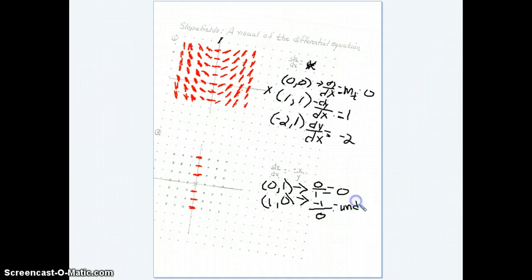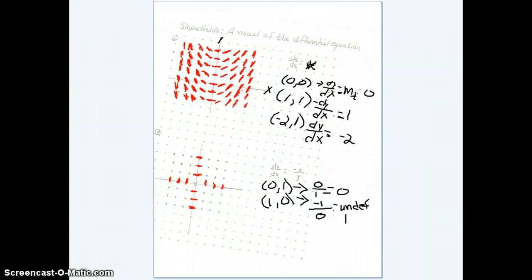And what kind of line gives me an undefined slope? A vertical line. So all along this x-axis where the y-coordinate is 0, I'm going to get a little vertical line there. Here, here, here, here, here. Just go out to that little 3 by 3. Just go out to the edge of that field.